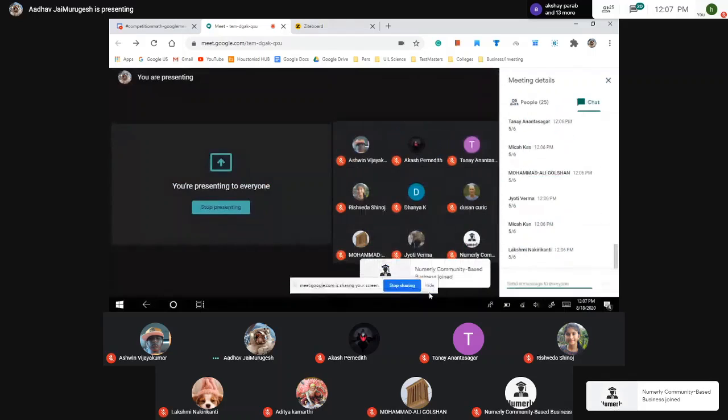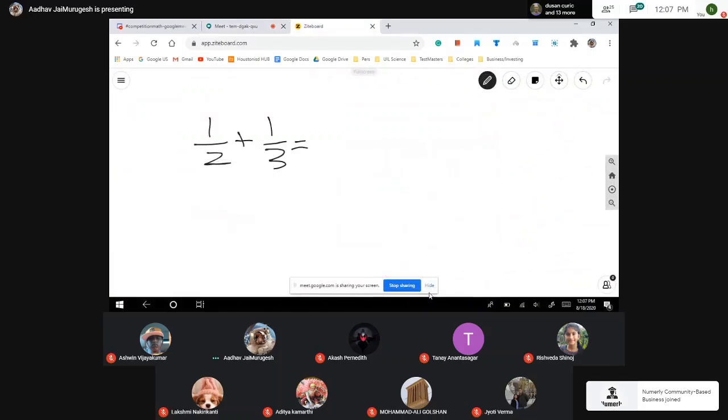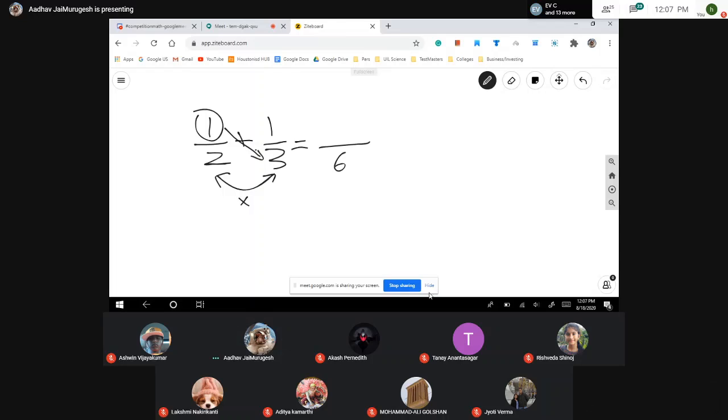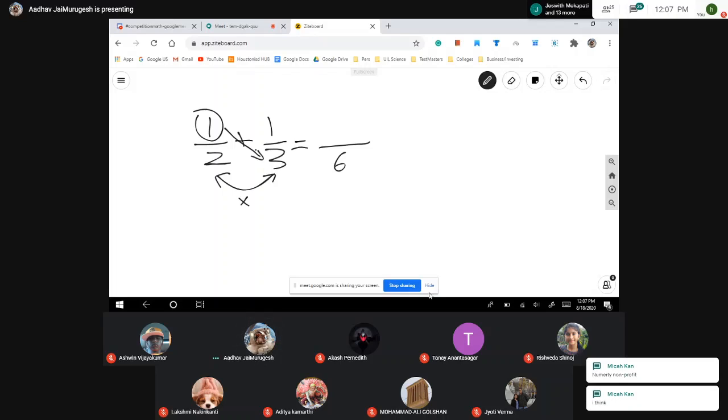Okay, I think most people got it right. Let's work on how to actually solve this. The first step is multiplying these two denominators to get the new denominator. Multiplying 3 and 2 gives us 6, and 6 is our denominator. Step 2 is taking the numerator 1 and multiplying it by the denominator of the second fraction, which is 3 times 1, so 3.